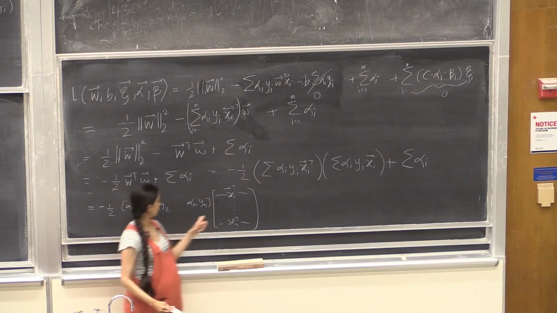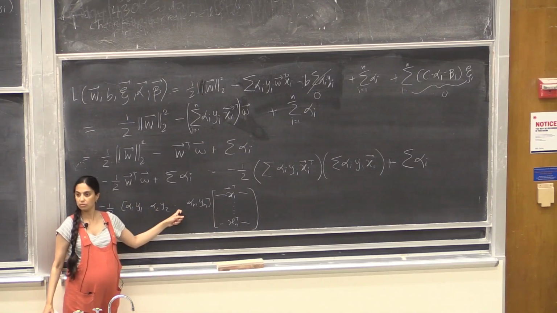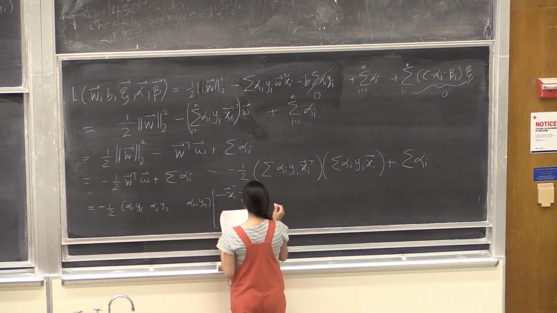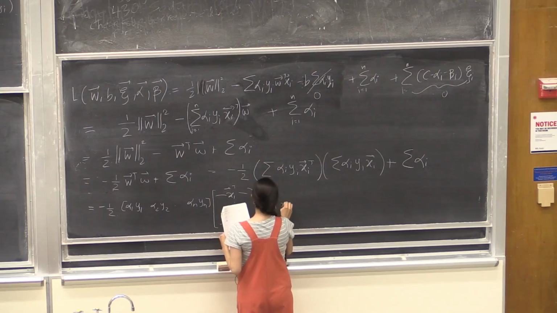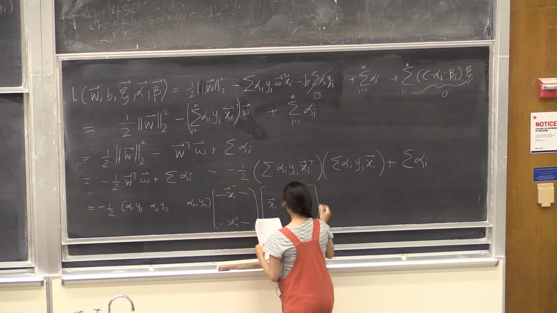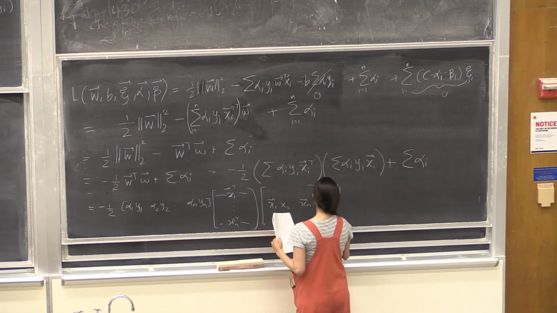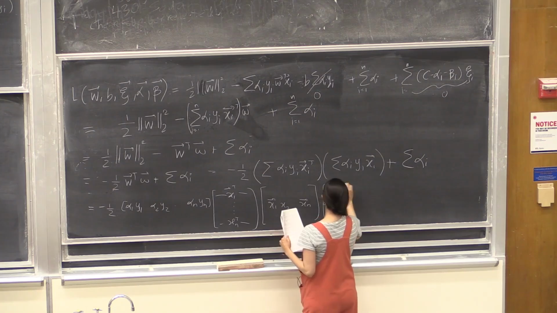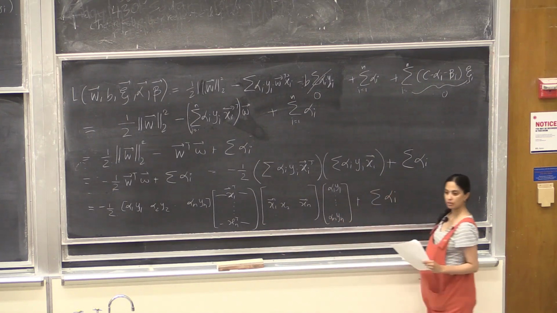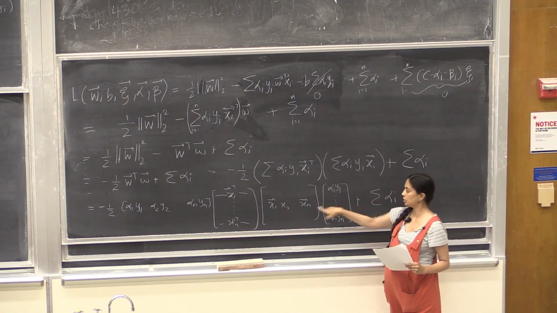This sum is just equal to this dot product. Everyone with me there? Similarly, I can write this as times, okay? This thing is just this dot product.